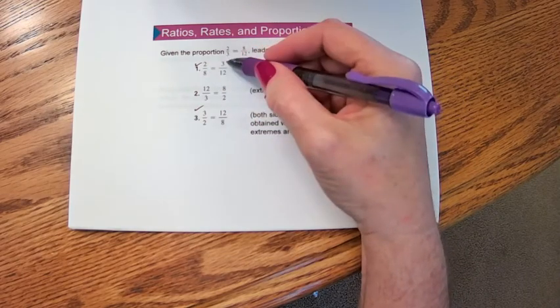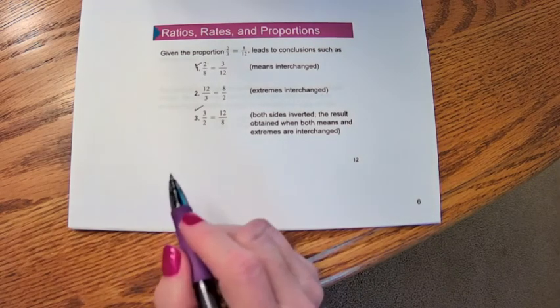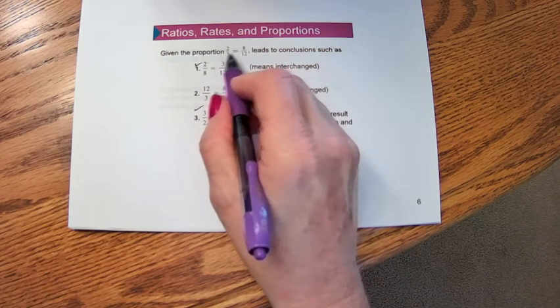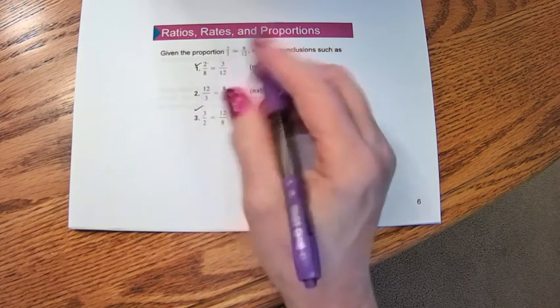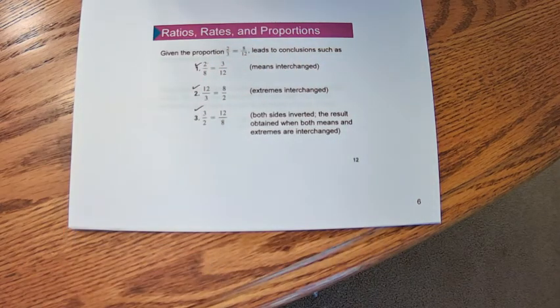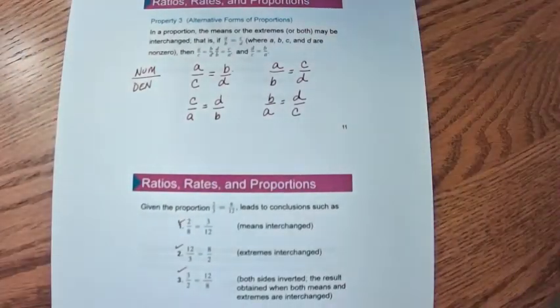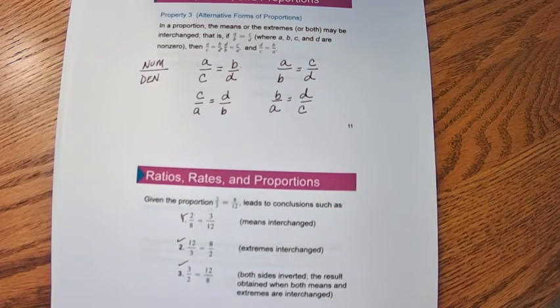Here I could have put 8 to 2 as 12 to 3. And here I can actually go back, rather than 3 to 12, I can do 12 to 3 as 8 to 2. So as long as you're consistent with what's represented in the numerators and what's represented in the denominators, all of the proportions will still be correct, still be maintained.